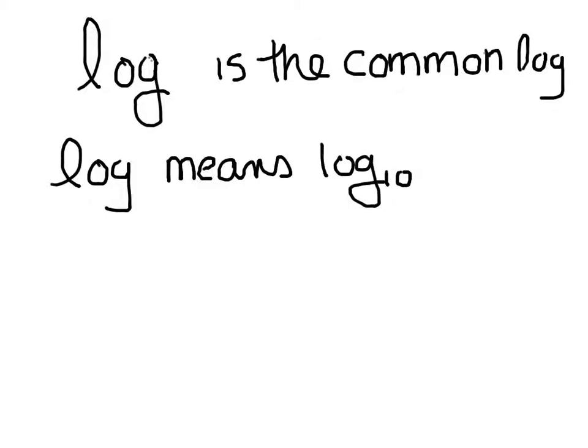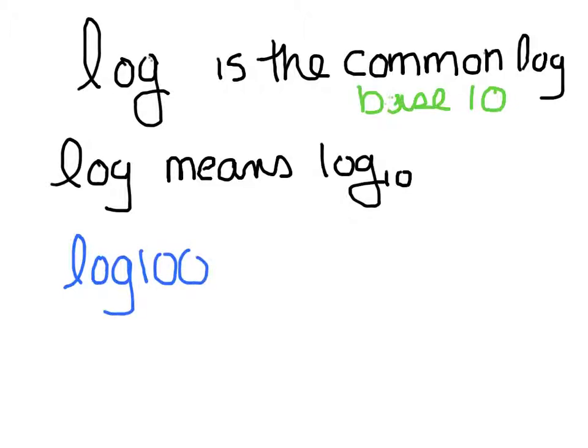You also have to recognize that when there's no base, like when you look here, there's nothing written here, it means common log. And common log actually means that you're dealing with a base of 10. So logs have invisible tens. And so when you see a problem that looks like log of 100, it's really just saying 10 to what power is 100?